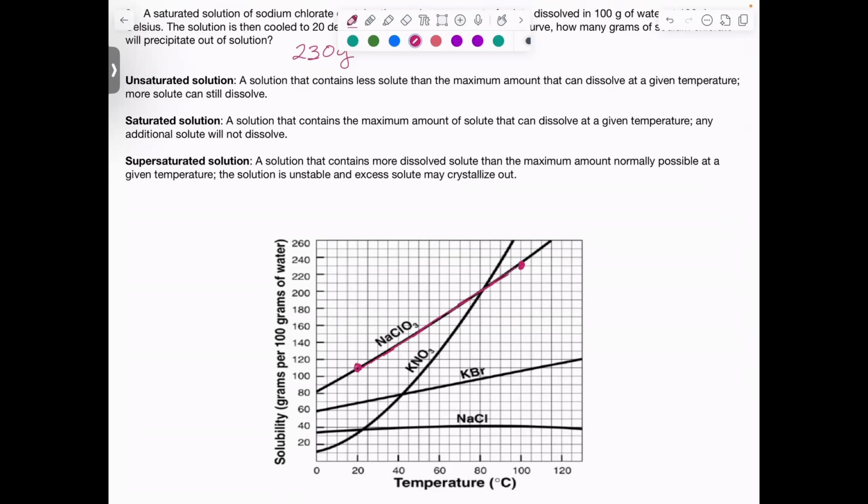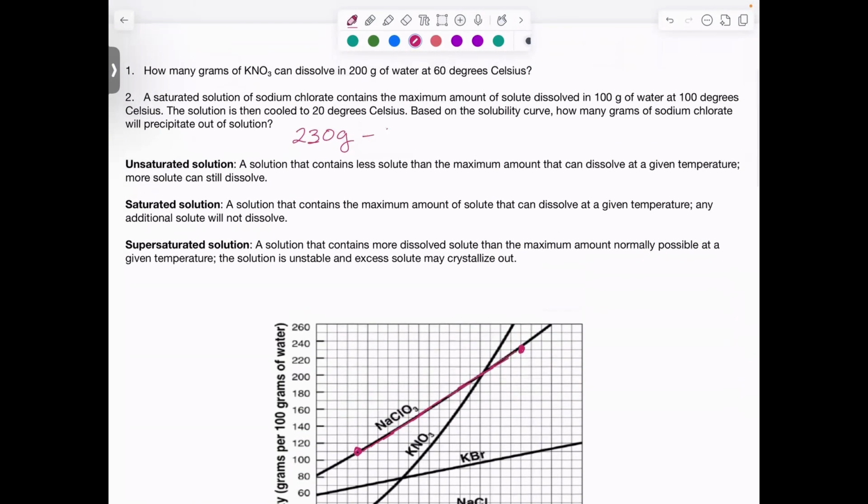So we can say it's 110. And maybe I should use my calculator today, huh? 230 minus 110. Maybe I didn't have enough coffee. 120. Yeah. So 120 and 110. Oh, not KNO3. Sodium chlorate. All right, that's it.